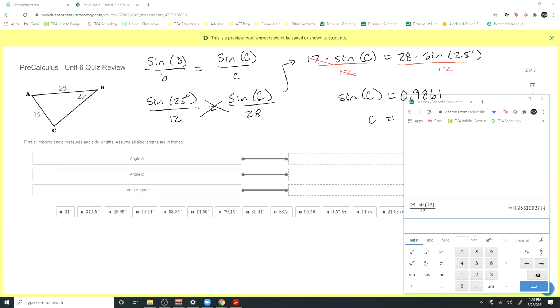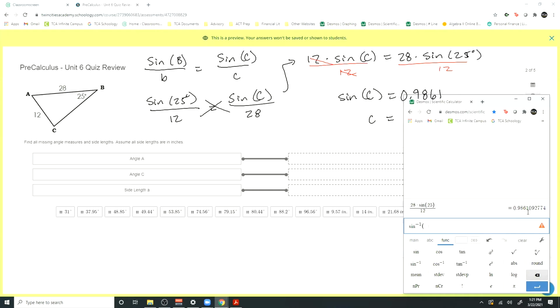So how I'm going to do that is take the sine inverse. So in your calculator, you need to go to Functions, Sine Inverse, and then put in 0.9861.